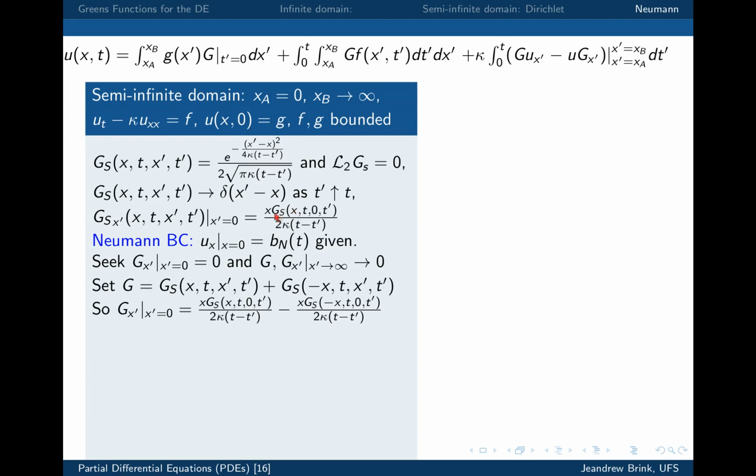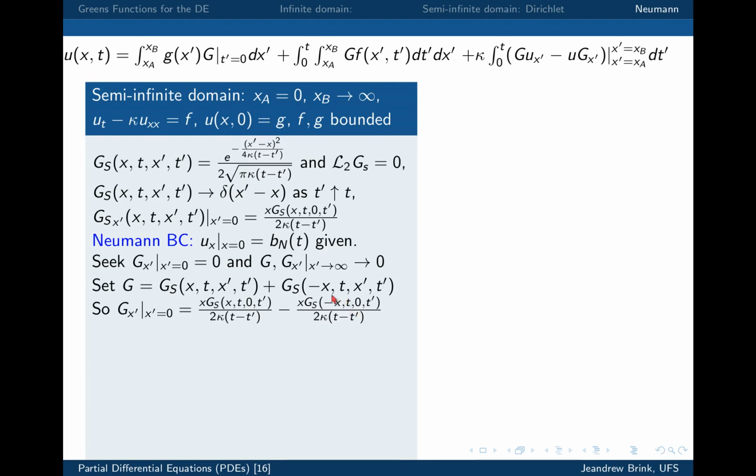You're looking for the derivative in x prime equals 0. So don't be too quick over there. I simply write down what this is from this definition over here, and we have x times g of x, t, 0, t prime, and x times gs of minus x, t, 0, t prime over that thing.